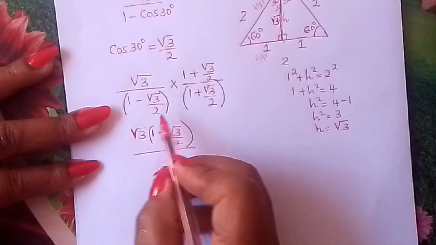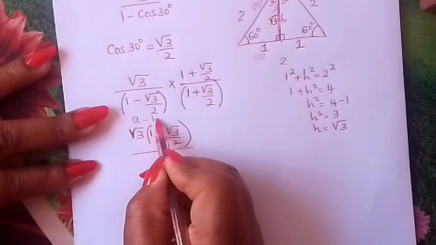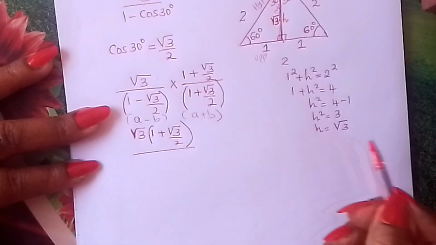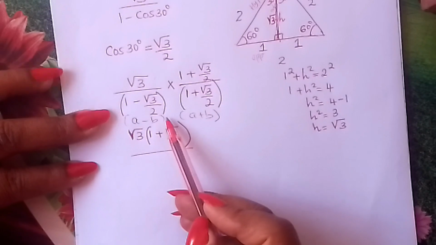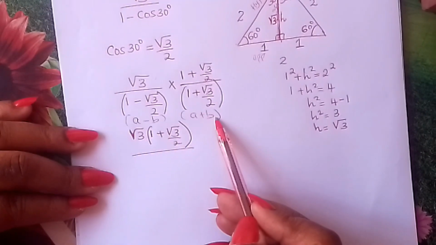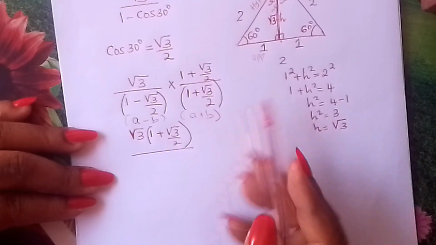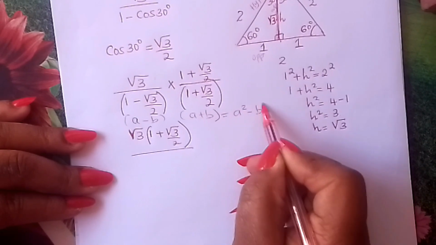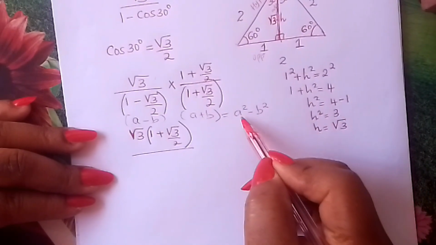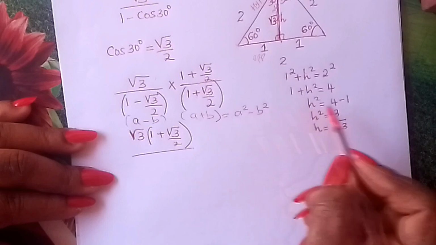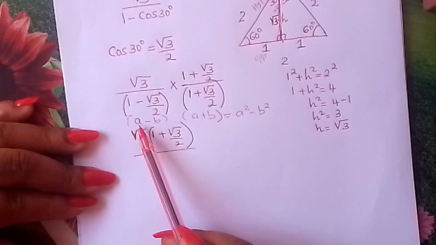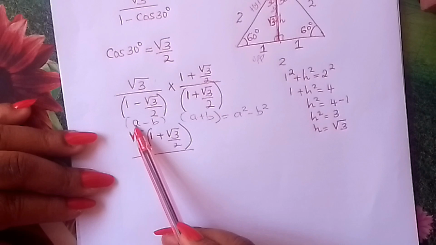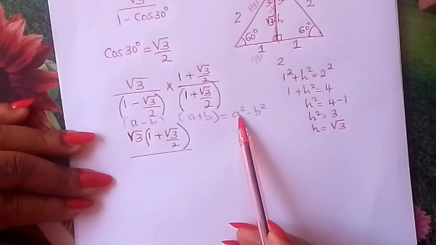Here we can go direct. Remember the identity, learner: A minus B multiplying A plus B. From Form 2 work, we always get A squared minus B squared if you remove the brackets. It's like multiplying A times A, you get A squared.